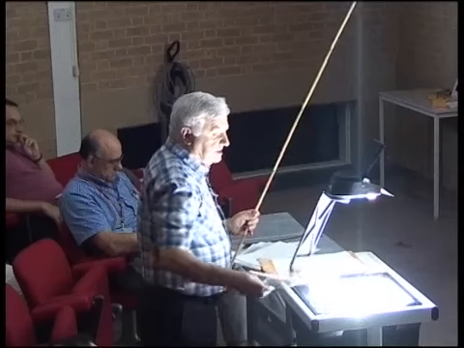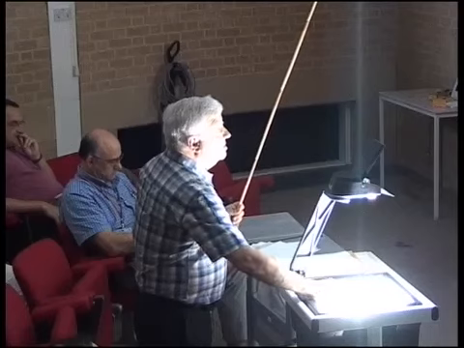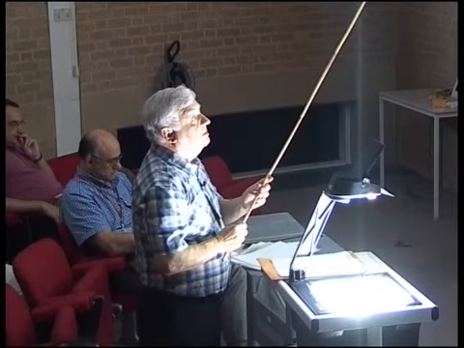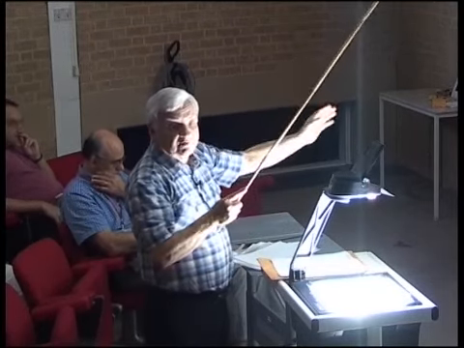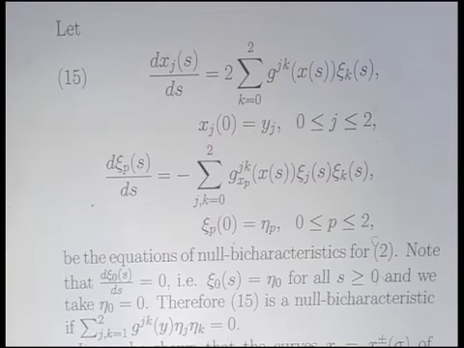Now, there is another ingredient here. We have a null characteristic for the hyperbolic equation in 3 dimensions, x0, x1, x2. And this is the equation of null characteristic. And the fact is that the projection of this null characteristic on the x1, x2 plane coincides with the equations that I wrote before.